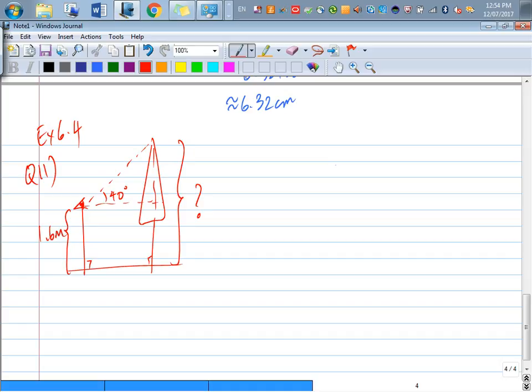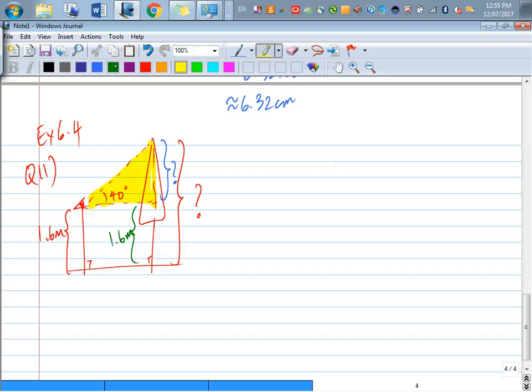Okay, to find the height of the tree, we can divide the height into two parts. The lower portion, which is over here 1.6 meters, and the top portion, which we don't know. But once we manage to find the top portion, we can add it to 1.6 and we get the height of the tree, right? Okay, so let us isolate this triangle that I'm going to highlight.